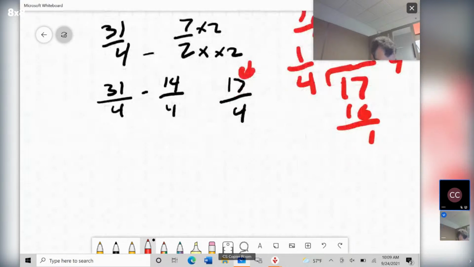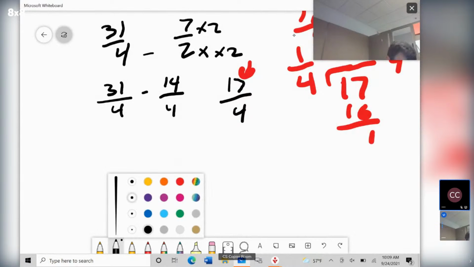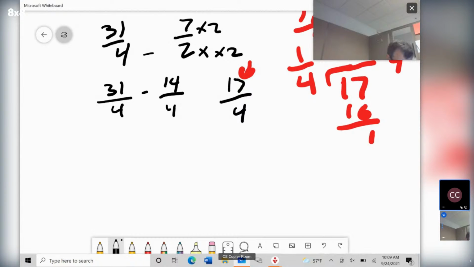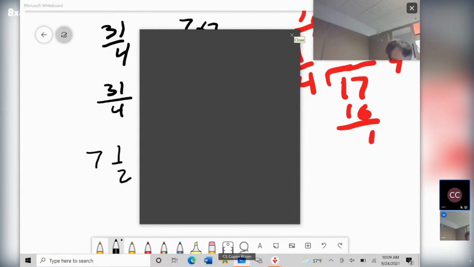Let's do one more here, you guys. We'll make the pen a little bit smaller here so it's easier to see. So how about we'll use 7 again. We'll get 7 1/2 minus 1 1/4. So in order to do a subtraction, we're going to convert both of these to improper fractions.